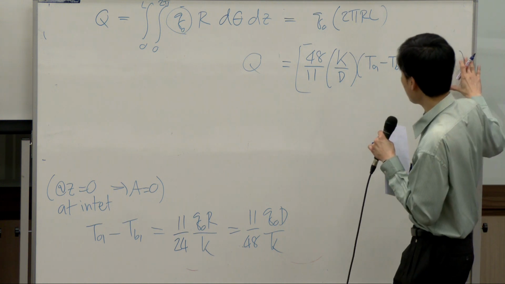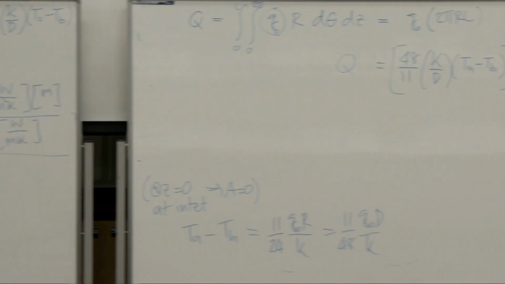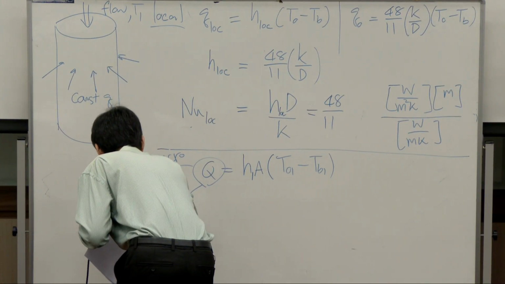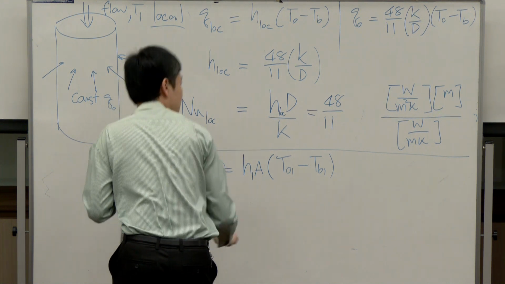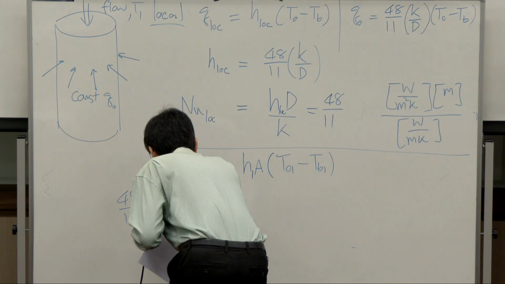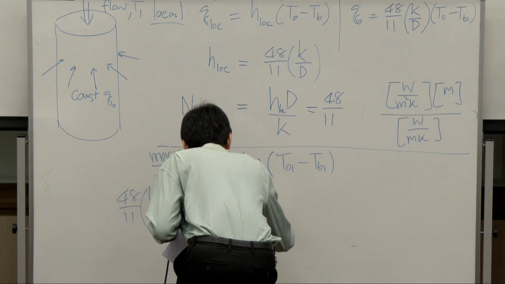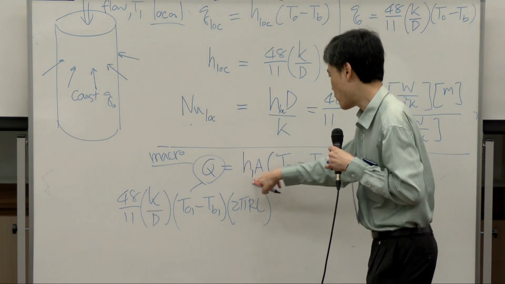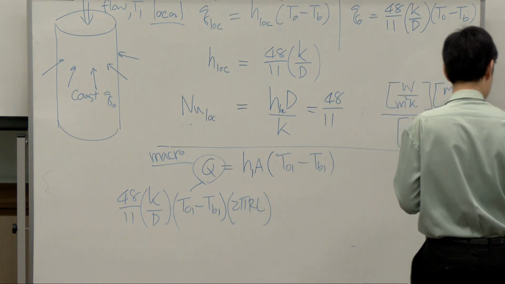So now if I move this to that, this part becomes 48 over 11 K over D times T01 subtracted by TB1 times 2 pi RL, equal to this H1 A times T0 subtracted by TB1.